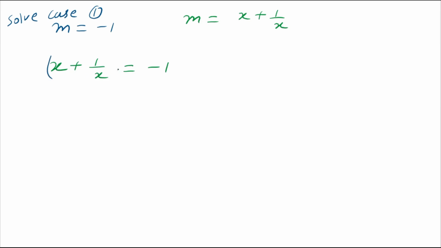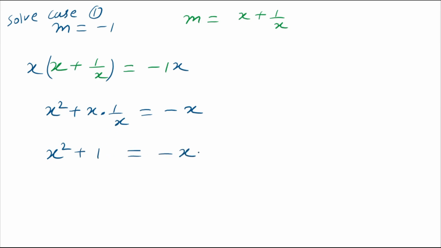Now if we multiply both sides by x, because x is present in the denominator, then x is multiplied by x, then x square, plus x is multiplied by 1 over x, and this is equal to minus 1 multiplied by x, then you will get minus x. X square plus x times 1 over x is 1, and this is equal to minus x.